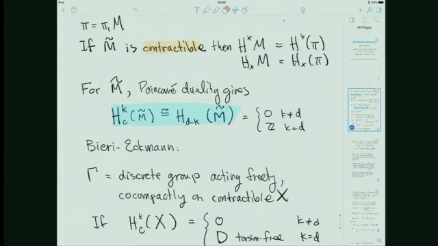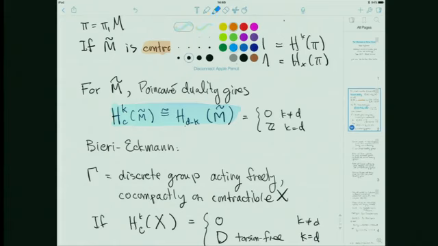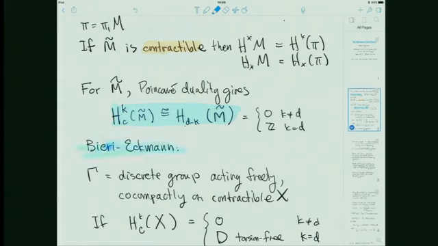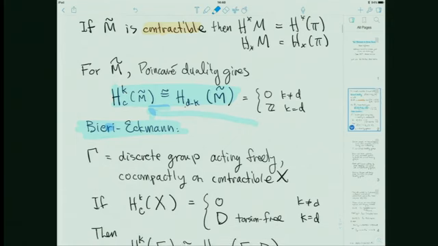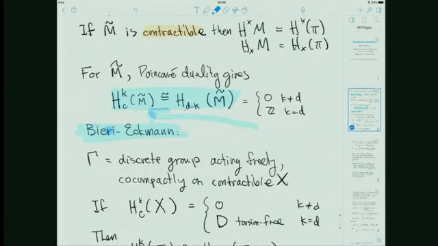All you need actually is a discrete group that acts freely and co-compactly on some contractible space X. So if you have a discrete group acting freely and co-compactly on a contractible space X, and you have this condition about the cohomology with compact supports, in a slightly modified form, all you need is that the cohomology with compact supports is 0 except in one dimension, where it's supposed to be torsion-free.